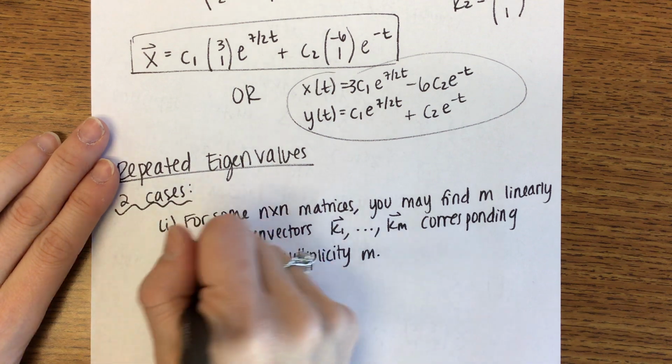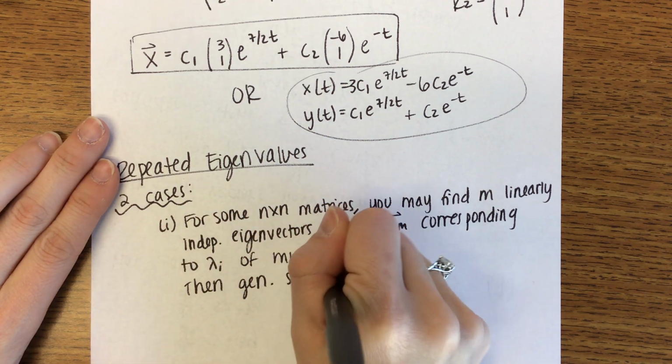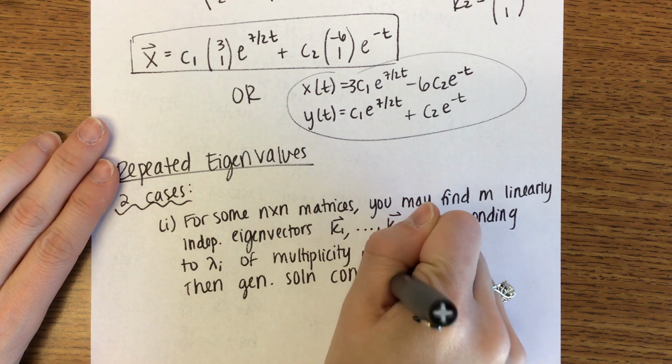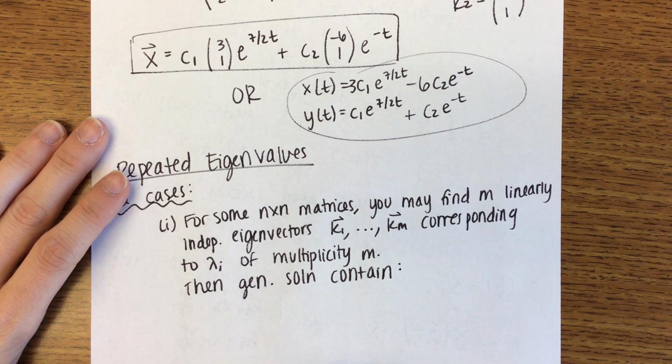If that's the case, then your general solution will contain the following. We don't know that this is the only eigenvalue. There could be other ones.